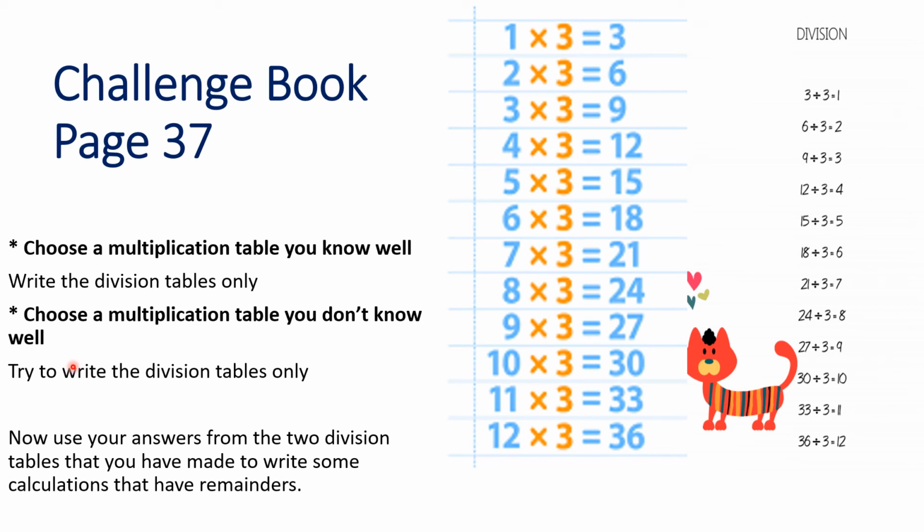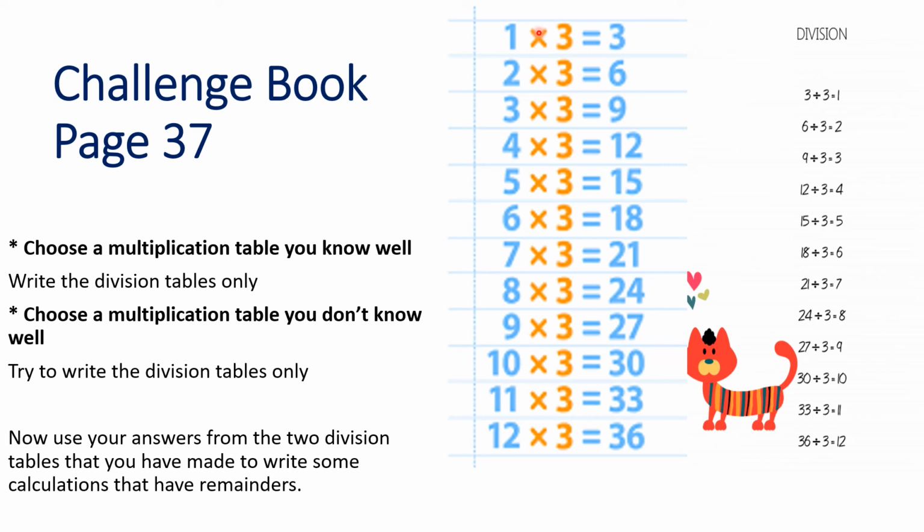Now, the second thing you would do is choose another multiplication table that you don't know very well. Maybe the 9 times table. If you don't know it very well, try to write it backward. Don't write the multiplication table, just write only the division, okay? So for example, you can write 9 divided by 1 equals 9.